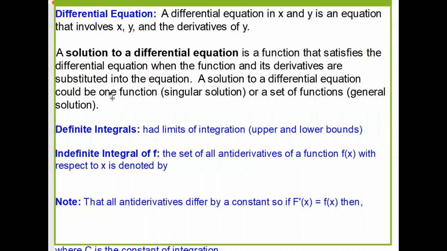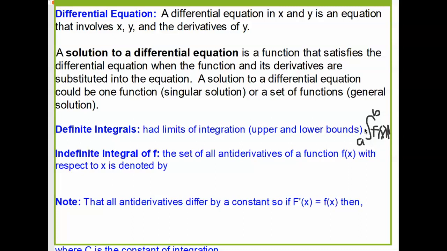A solution to a differential equation could be one function or a set of functions. One function is going to be an initial condition where you find a value. A general solution is going to be with your plus C. And then just reviewing our vocab, a definite integral is an integral with an upper and lower bound, like a to b of f of x dx.